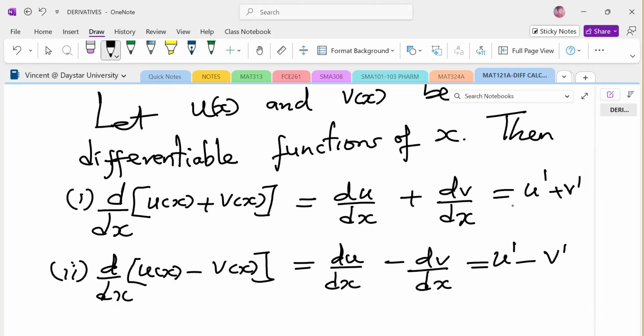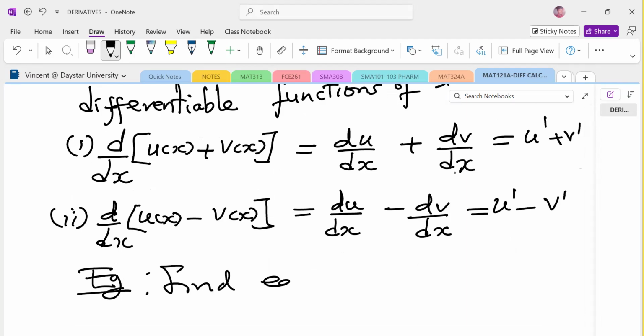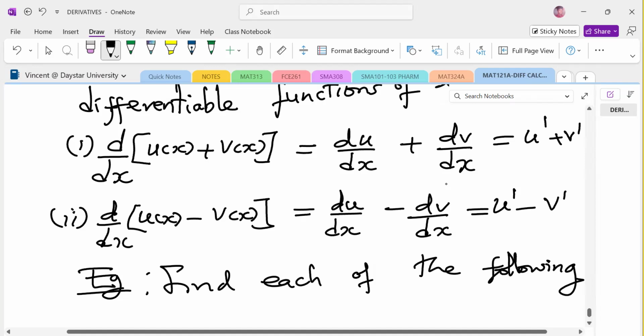So an example, find each of the following derivatives.